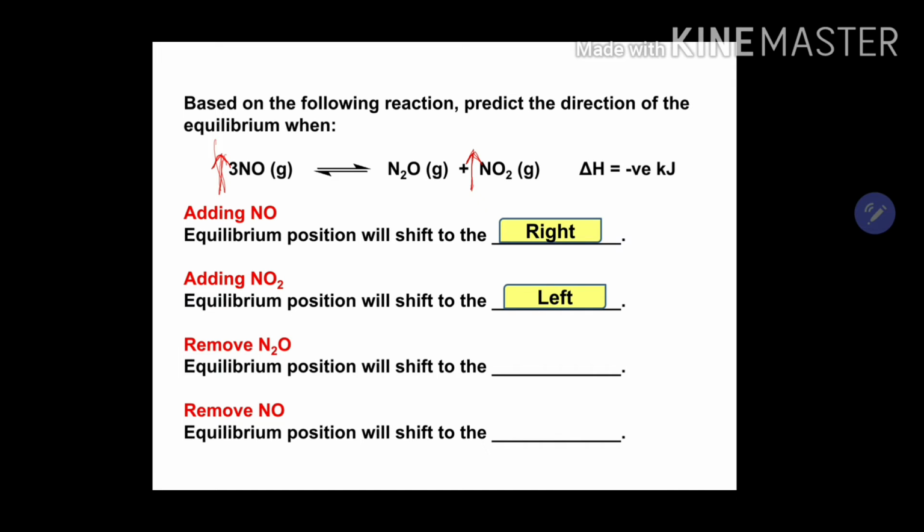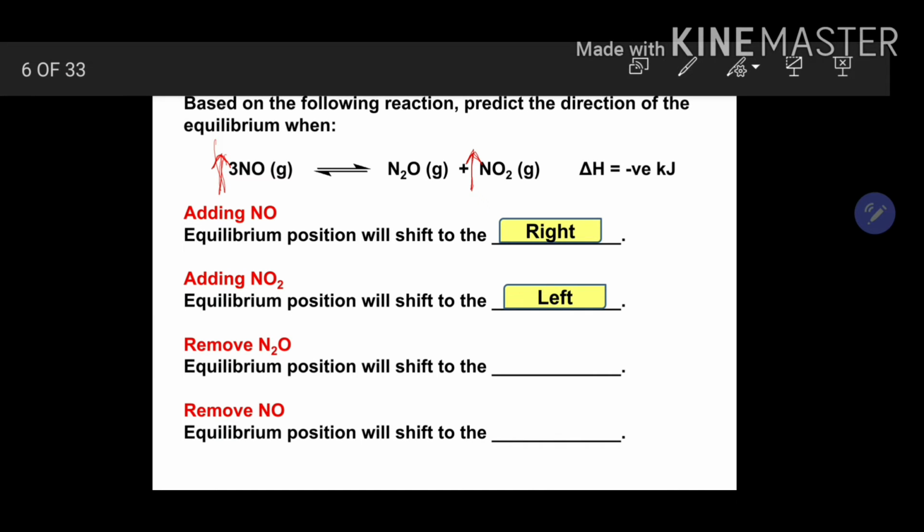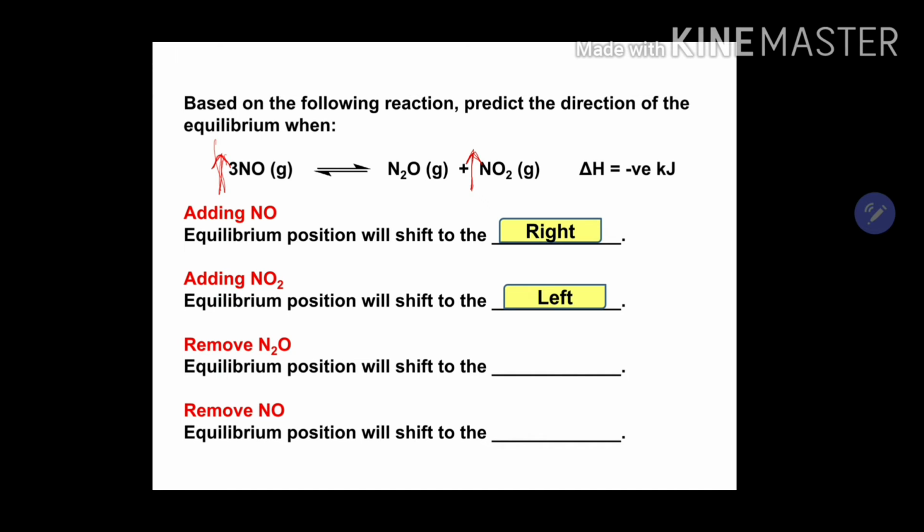Okay. So now when we remove N2O. N2O is also on the right hand side. You remove N2O, which means the concentration of N2O is decreased.